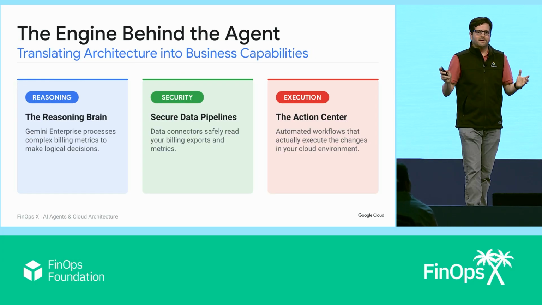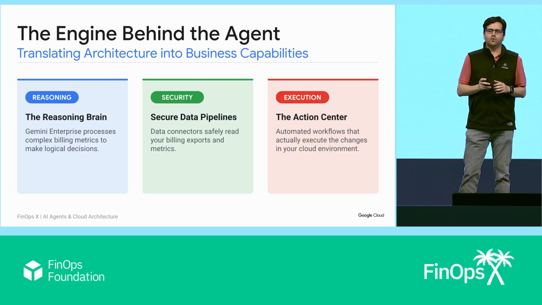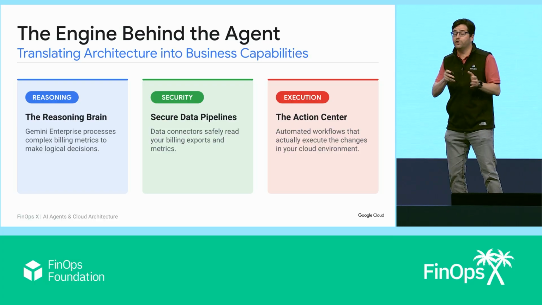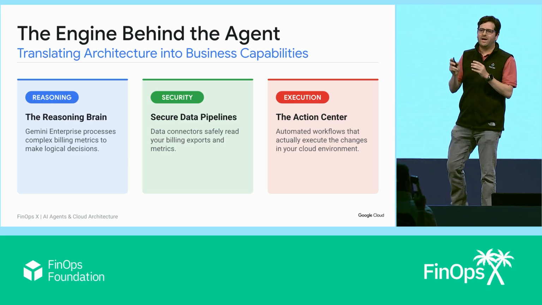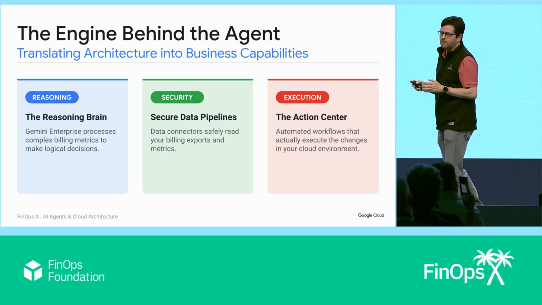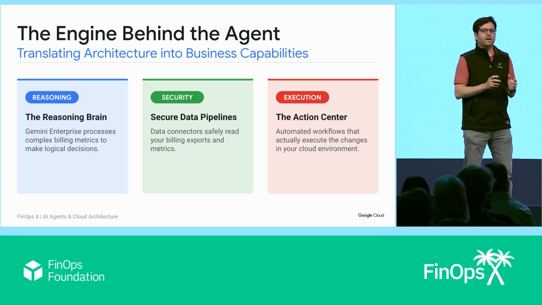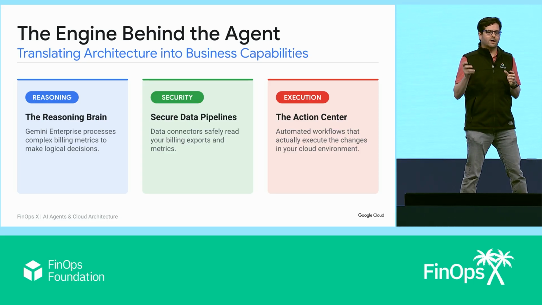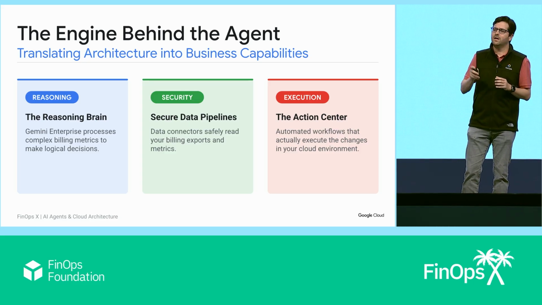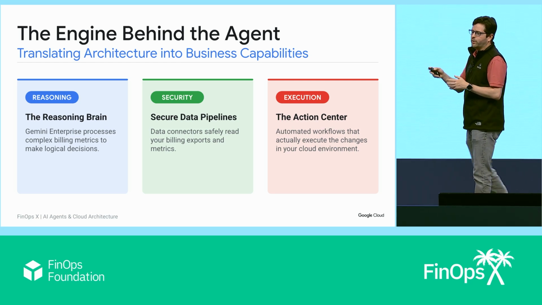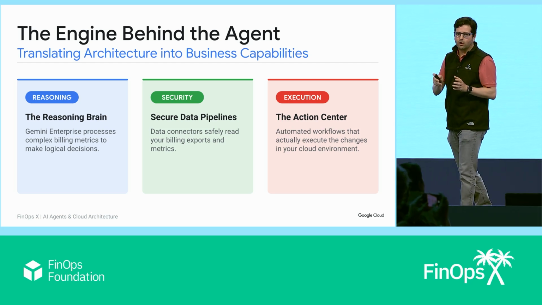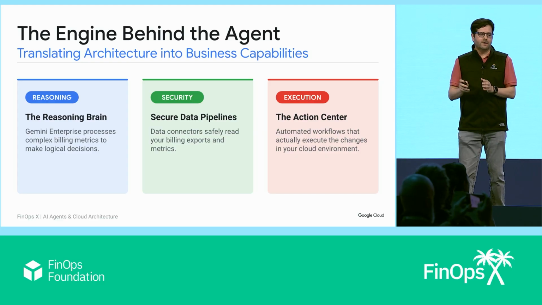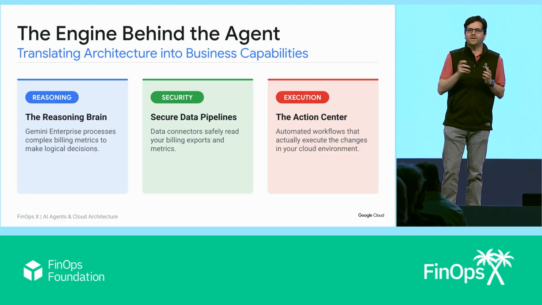The agent will have a human in the loop, so you're always in control. So that's what the agent can do, but how does it do that? Basically, we have 3 main components. First is the brain. We are using Gemini models in Gemini Enterprise to process complex billing data, complex logging and monitoring data, and make logical decisions. Then, what's a brain without data?